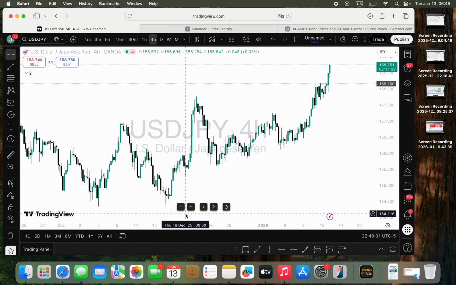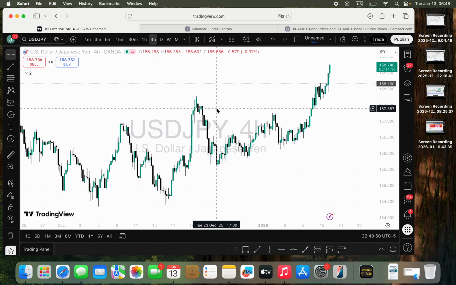If I'm confused, sometimes you can see a fair value gap for making the price drop, and you can also see a fair value gap for making the price rise. So if you're confused, you just switch to the corresponding currency, and it will help you for that.